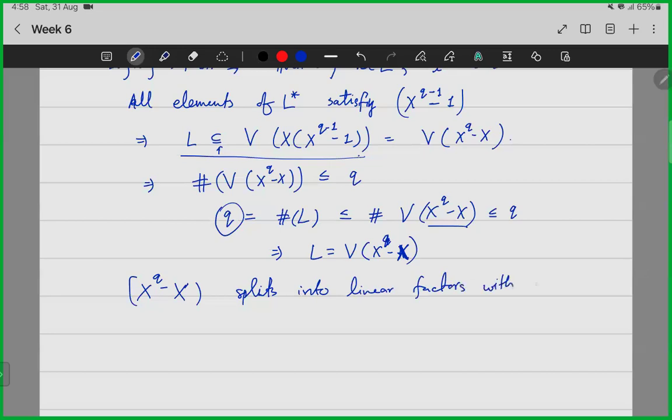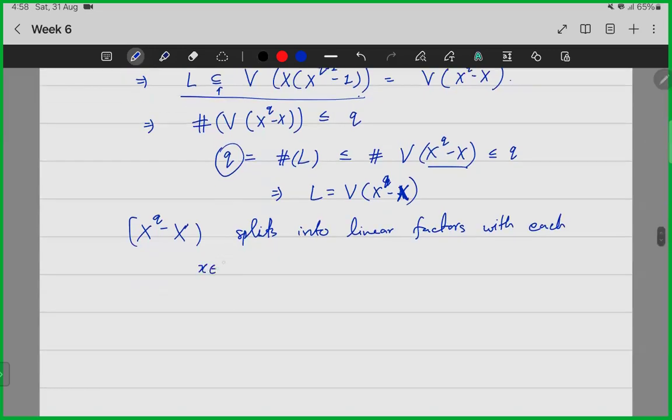with each x belonging to L, as proved, with multiplicity 1. As simple roots.